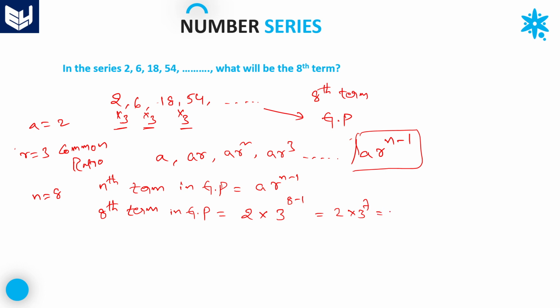As we all know, directly we don't know 3 power 7. We can write 3 power 7 as 3 power 4 into 3 cube. 3 power 4 value is 81 into 3 cube value is 27.